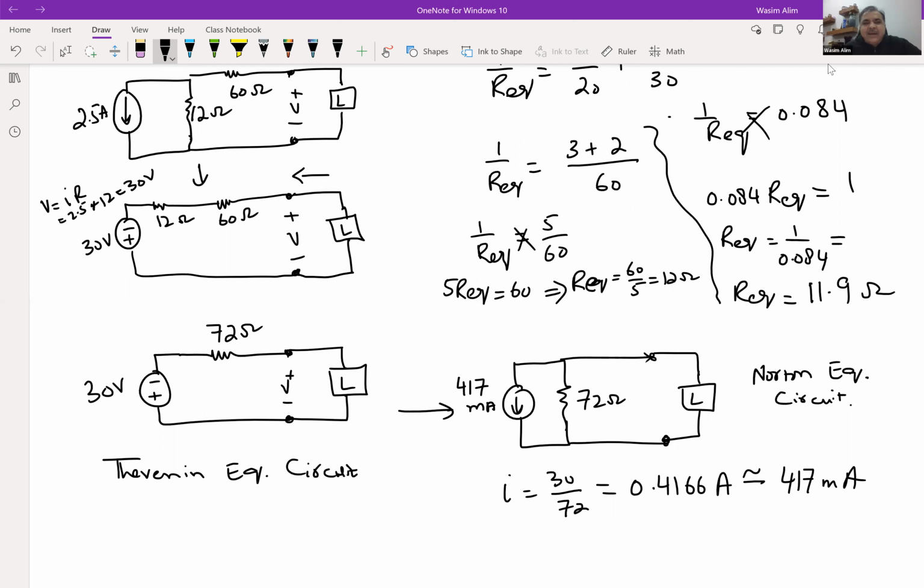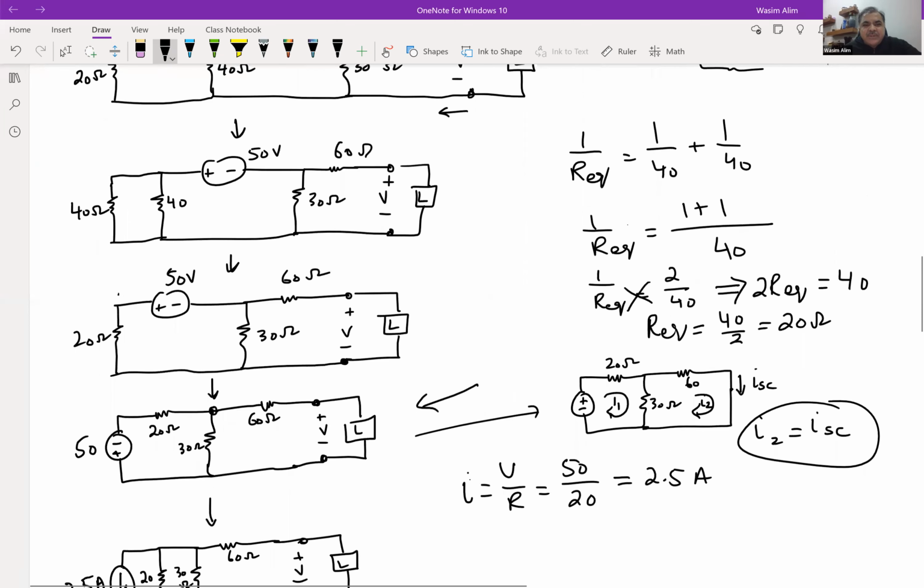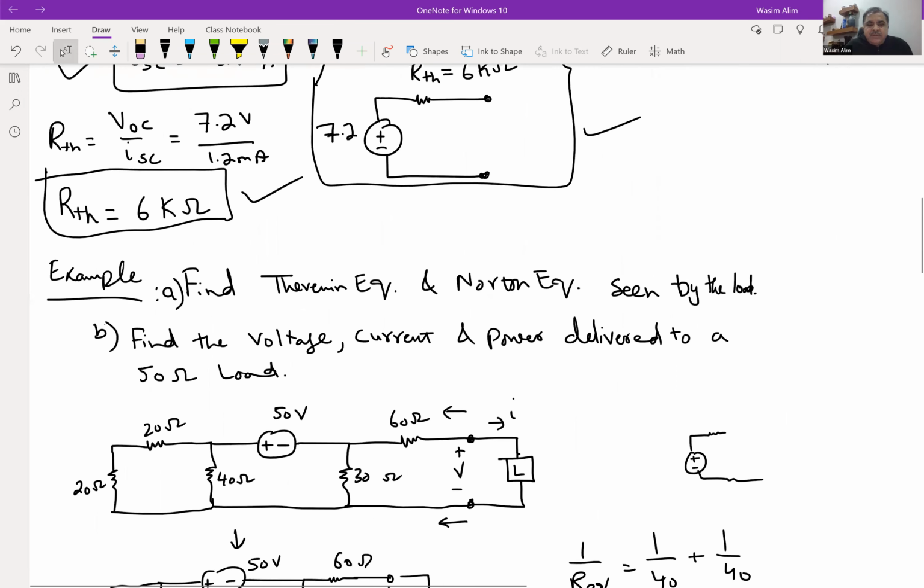Yeah. So basically, let's look at the original question. The original question was to find not only the Thevenin equivalent, but also the Norton equivalent, right? The Norton equivalent is the current source in parallel with the resistor, so they both could be interchangeably used using source transformation.